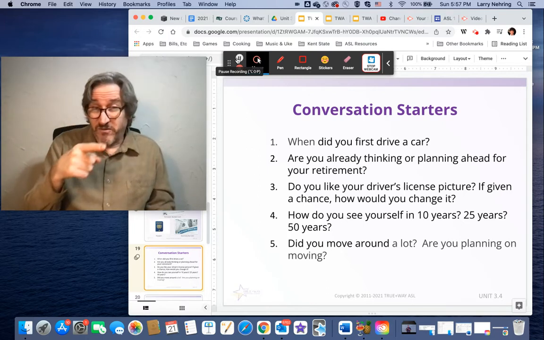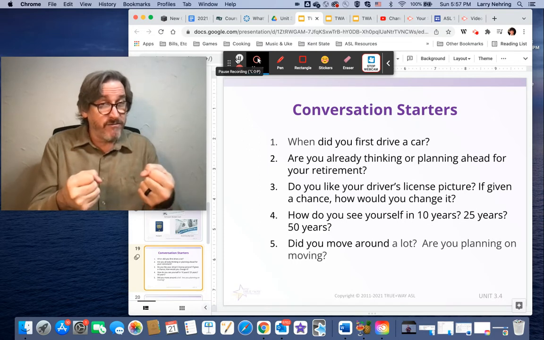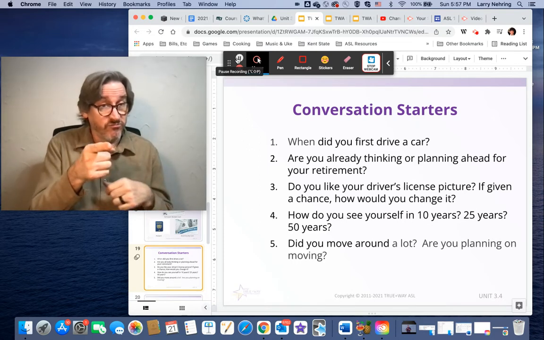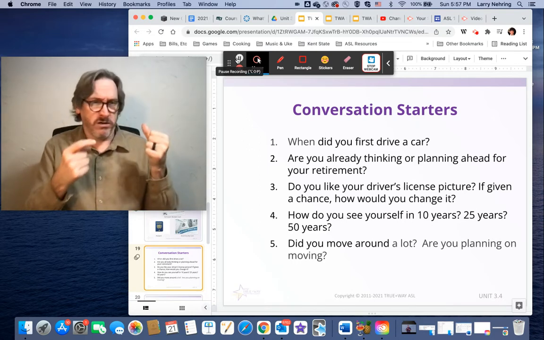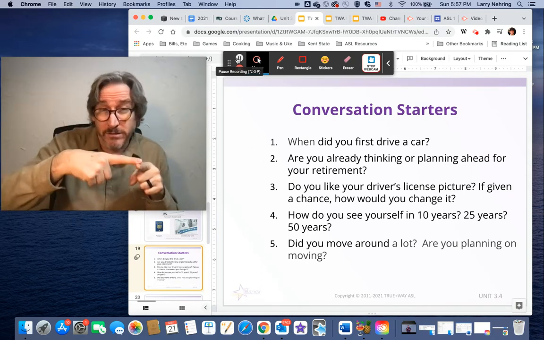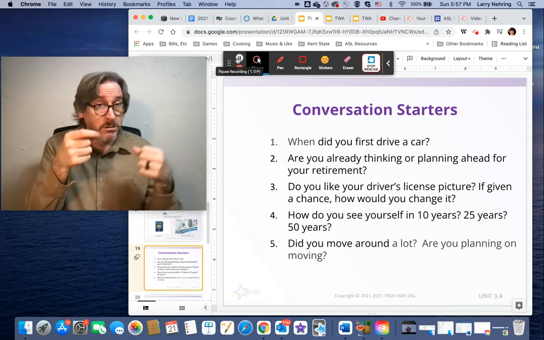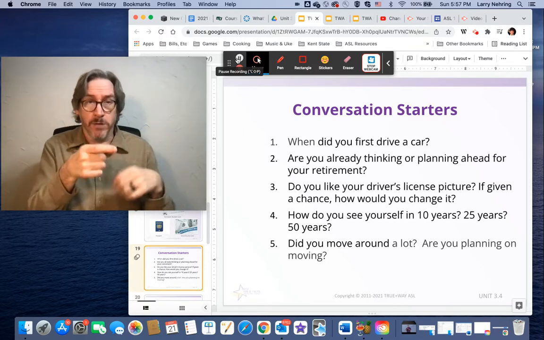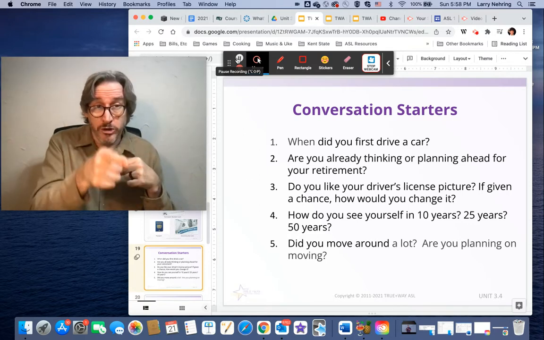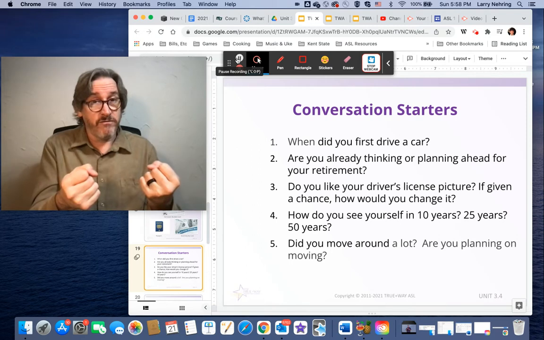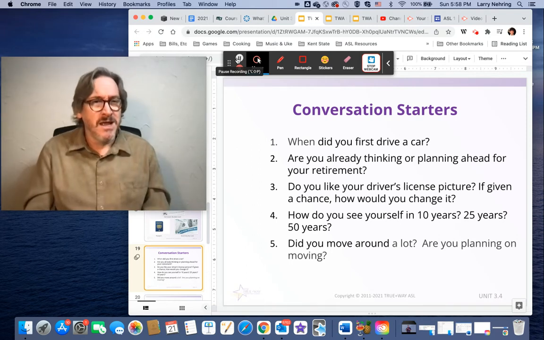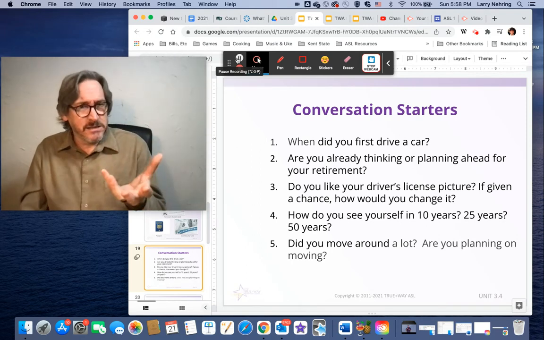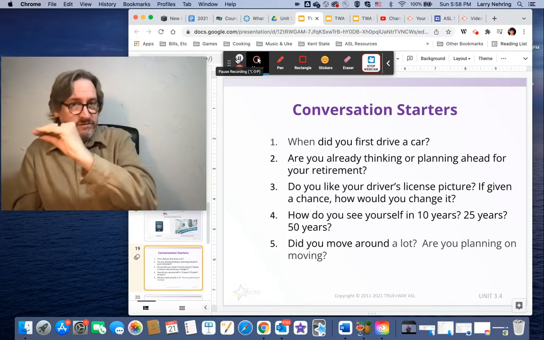Past, first drive car, or when. So, OSV: car, you, first drive, when. There are different ways you can organize that sentence, but that's a good OSV to think about.